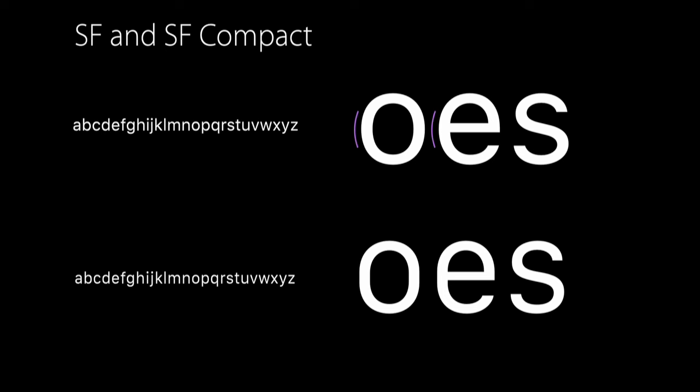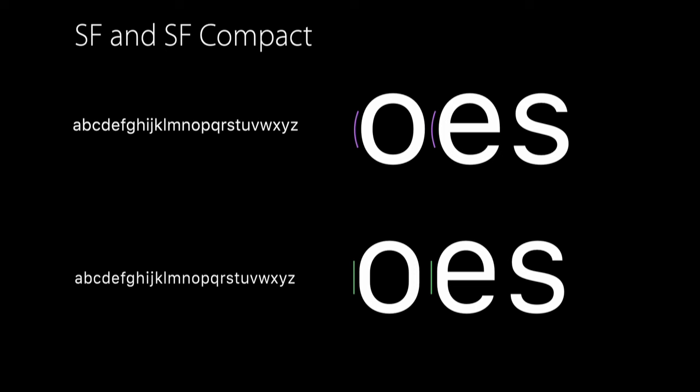So now, let's look at the difference between these two. SF and SF Compact are sibling designs, meaning they're related but not equal. And the biggest formal difference between the two is how we handle the round shapes. In SF, they're round, and in SF Compact, they're actually slightly flat. So that achieves two main goals.